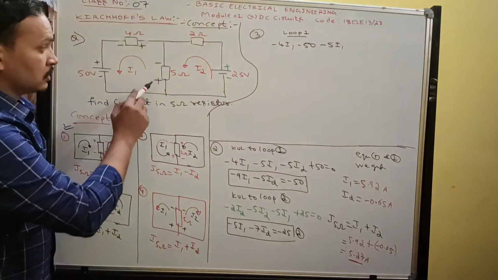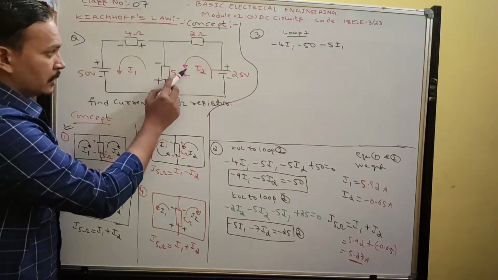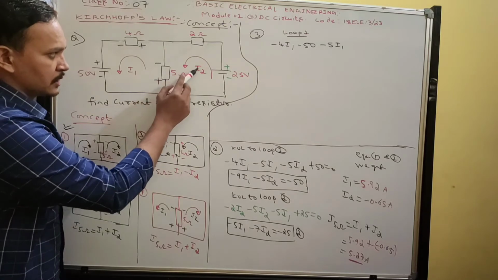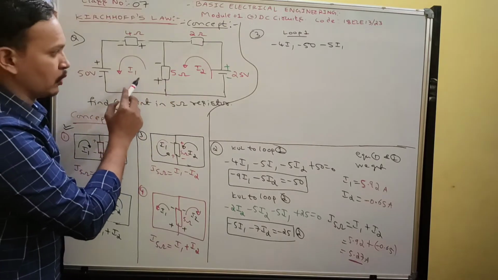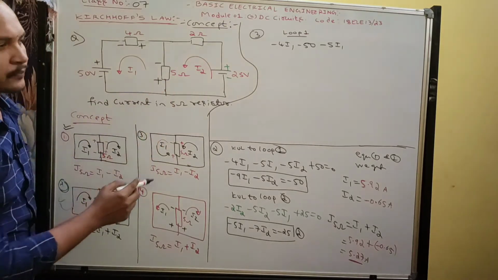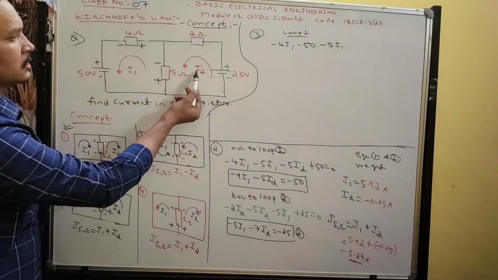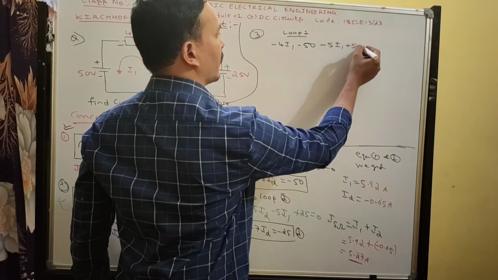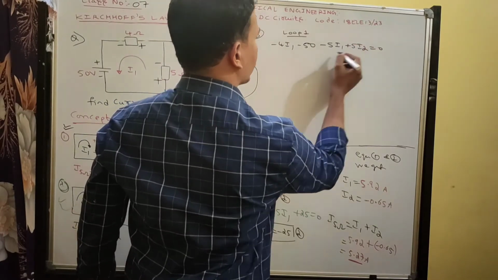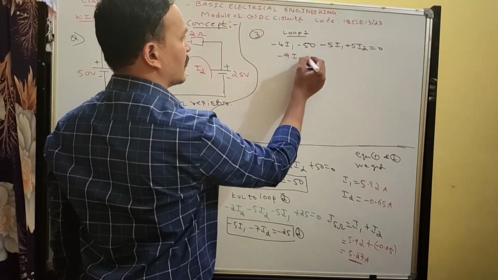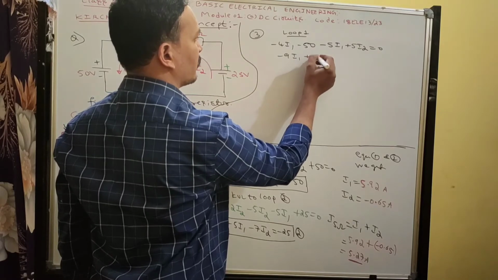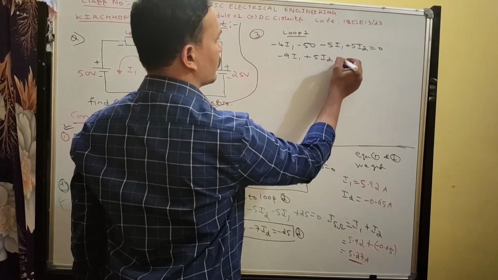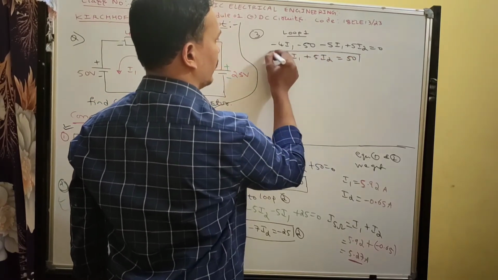Now for this loop, I2 current is also coming through this 5 ohm resistance, but you are applying KVL for loop 1. See this direction, see this polarity. This I2 current is flowing from minus to plus, so rise, plus 5 I2 equals 0. Simplify this: minus 9 I1 plus 5 I2 equals 50.